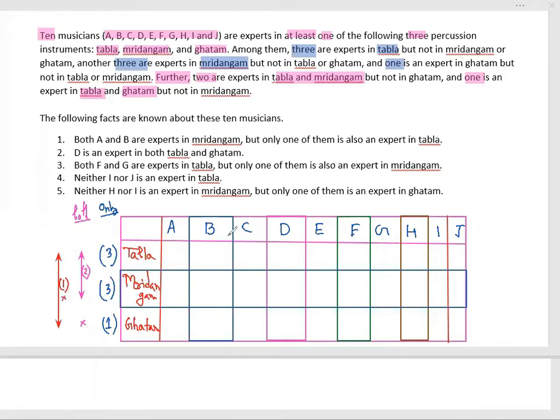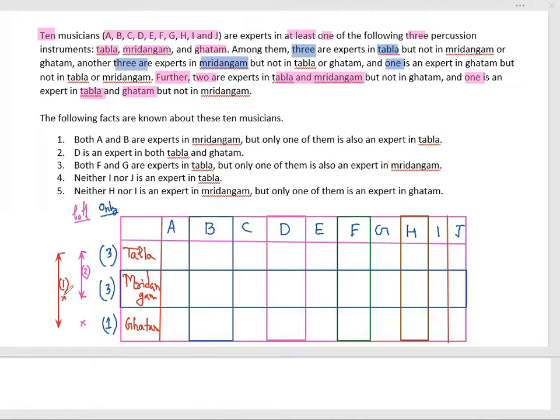So 1 is tabla and ghatam, but not mridangam. Okay, this way I can find it out. The 7 plus 2 plus 1, 10 people are considered like that. That's what I need to consider.